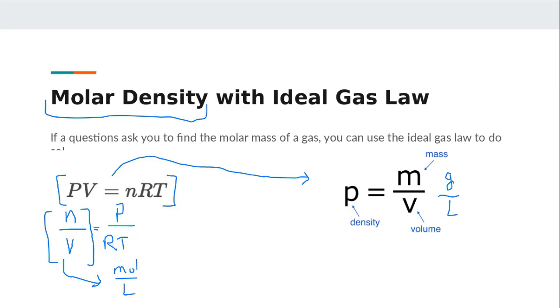And then in order to calculate for density, you're going to multiply your moles over liters by the molar mass to get grams over liters. There's a question in the practice questions that we have at the end that asks for density.